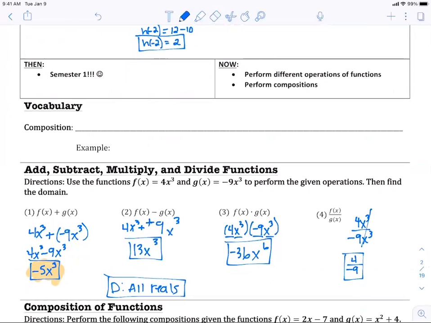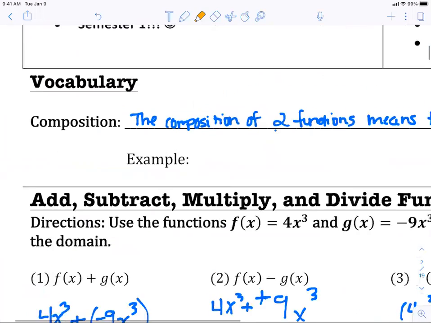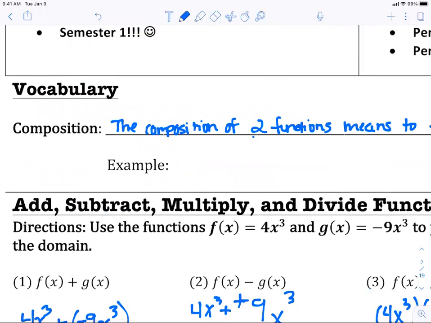So when we talk about composition, it's almost easier to talk about in the form of an example, but basically the gist is you're going to take one function and plug something into that function, and whatever you get out, you're going to plug into the other function. Now, that's not the only way to do compositions, but this is how the notation works.